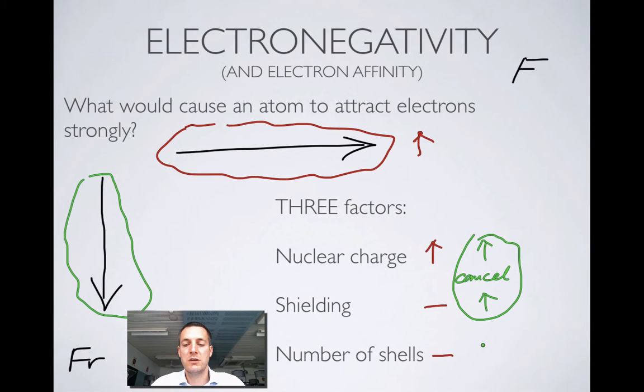What's happening to the number of shells? That's increasing. What's happening to the attraction of the electrons to the nucleus? Well, if these two things have cancelled, then all that we're left with is this increasing distance from the nucleus. Then the electronegativity, the strength of the attraction, must be falling as we go down the group. So that's how we explain that.